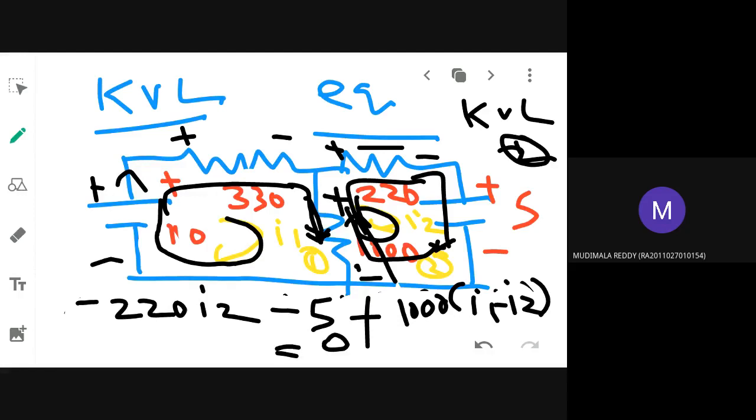This you have written for the second mesh or first mesh? Second mesh. This also you simplify and tell me what is minus 5 equal to.